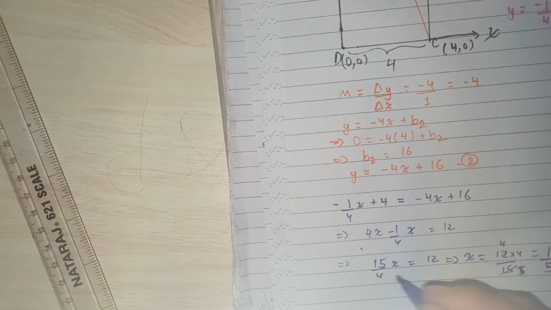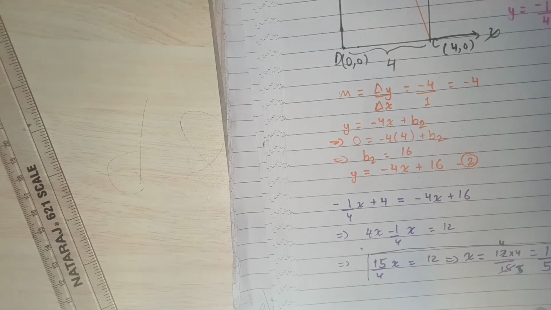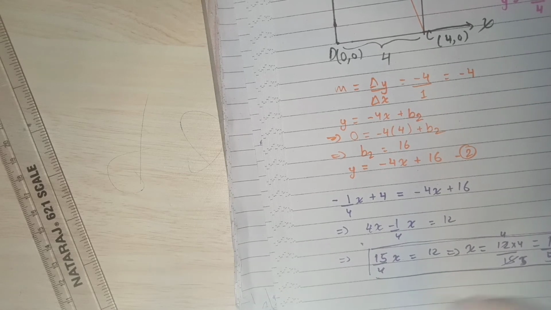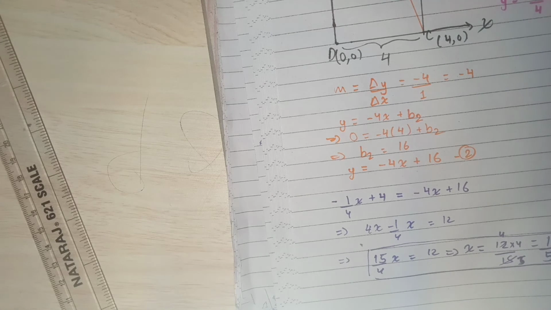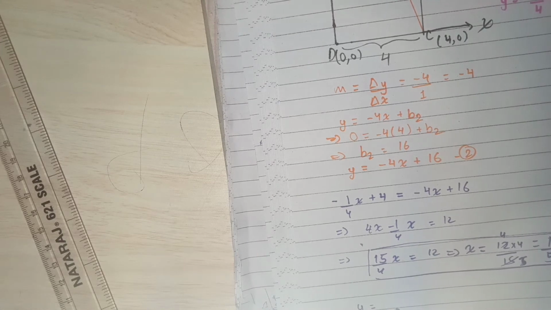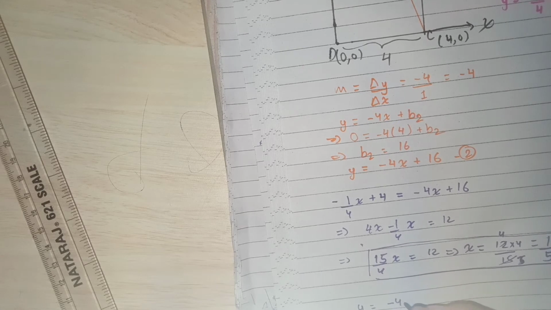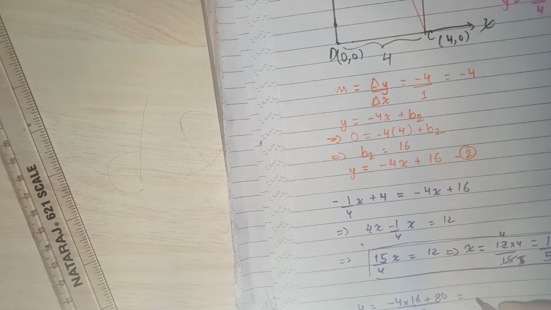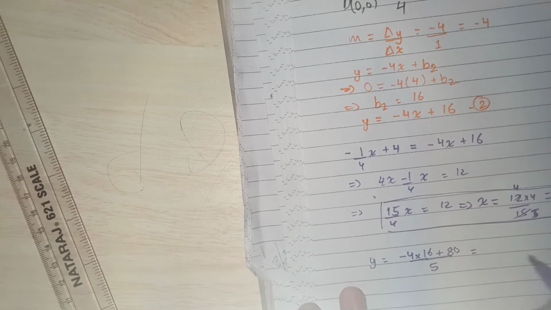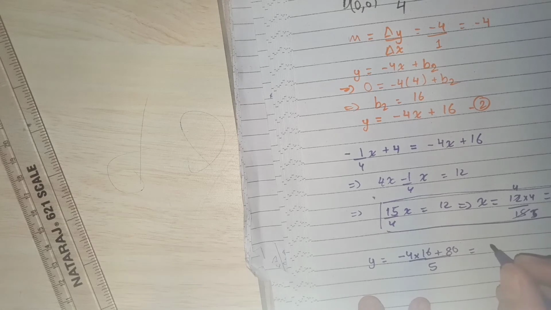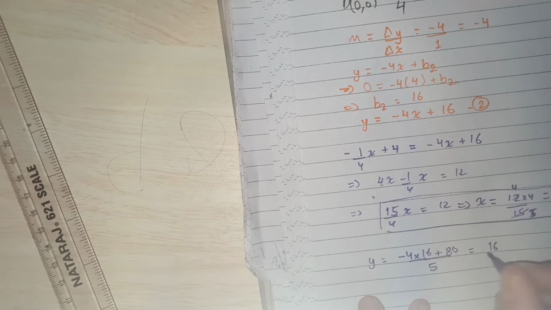So that's progress. And now we can plug the value of x into one of those equations and figure out the y coordinate. So y equals -4x plus 16. That's -4 times 16 over 5 plus 16, which gives 16 over 5.